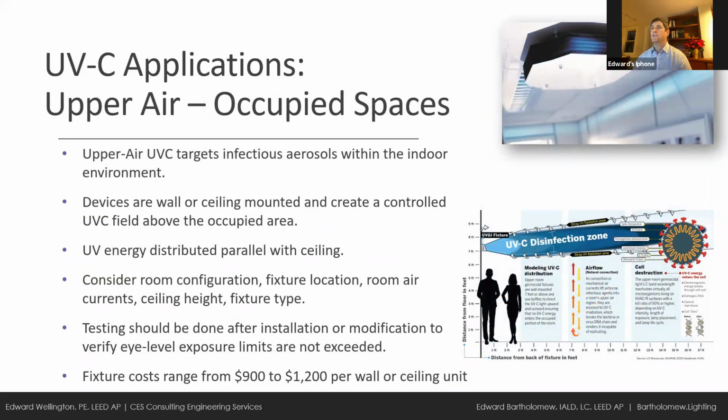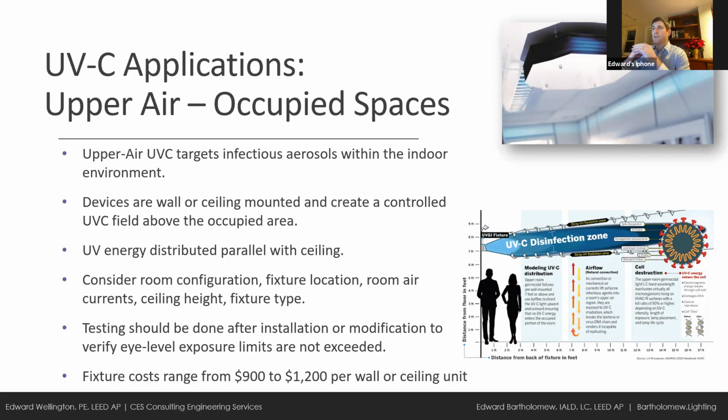The next application is upper air in occupied spaces. An upper air fixture targets the upper zone, the unoccupied zone. It creates a UV field that's generally parallel with the ceiling above occupants' heads. These can be mounted on the ceiling or on the wall to create that controlled UVC field.